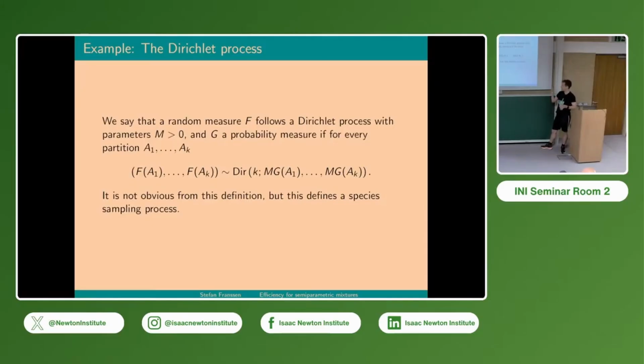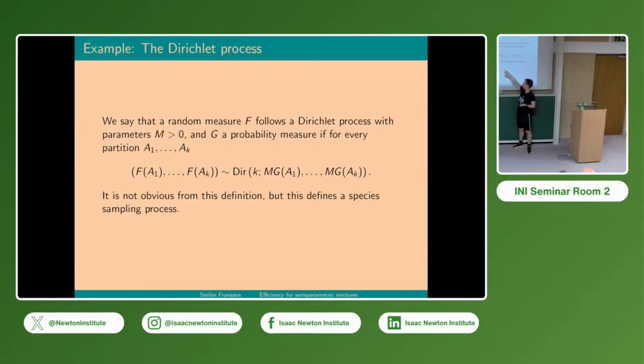The Dirichlet process is basically this: I define a partition, and I want to define the probability that I assign to these partitions. Say this is a random variable with a partition of K sets, then I draw from the Dirichlet distribution, that's just a finite dimensional distribution, for the components and the masses that I assign.